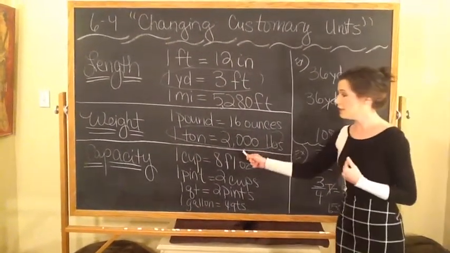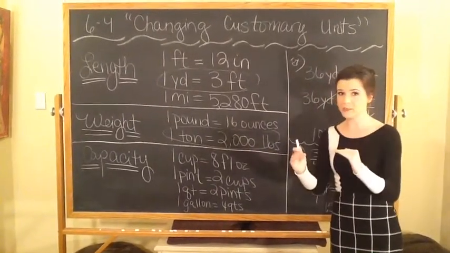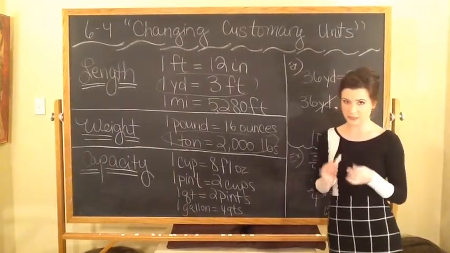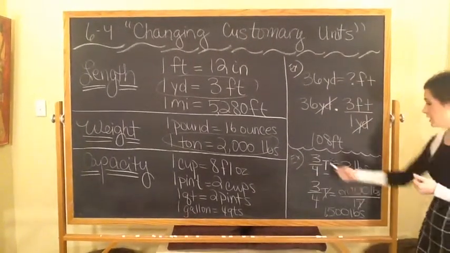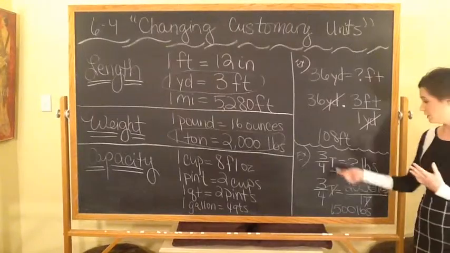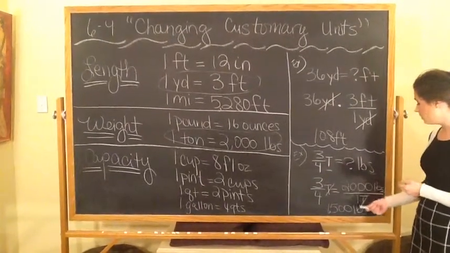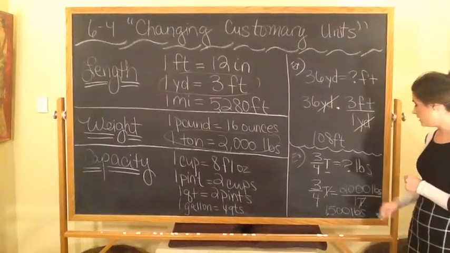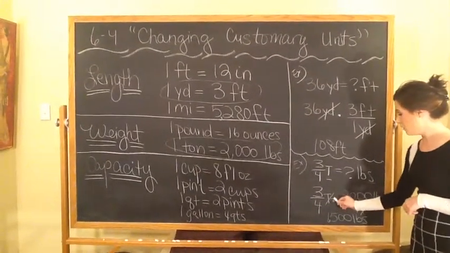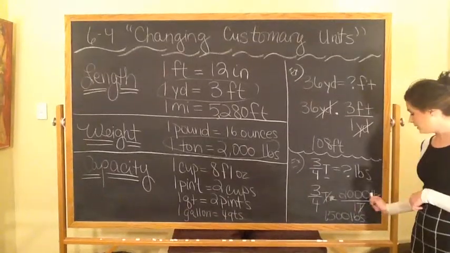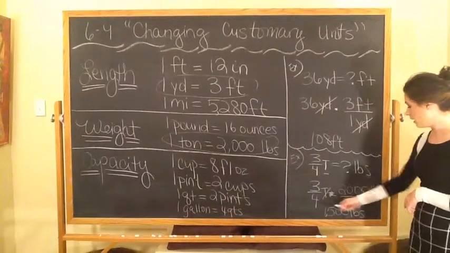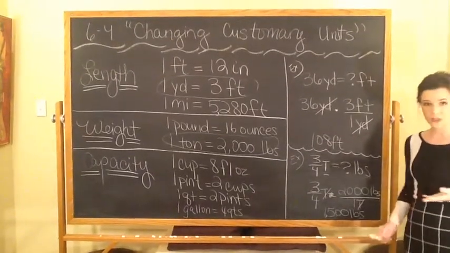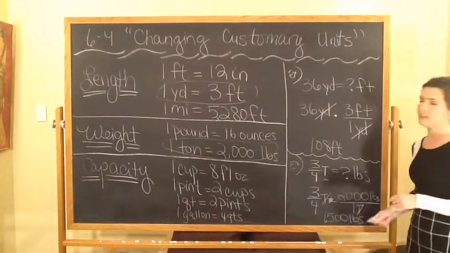This ratio can be written as 1 ton over 2,000 pounds or 2,000 pounds over 1 ton, depending on your situation. Here we have 3/4 tons, and tons is in the numerator, so we will write 2,000 pounds in the numerator and 1 ton in the denominator. We multiply those together, cross-cancel our units, multiply across and simplify, and we'll figure out that 3/4 of a ton is equal to 1,500 pounds.